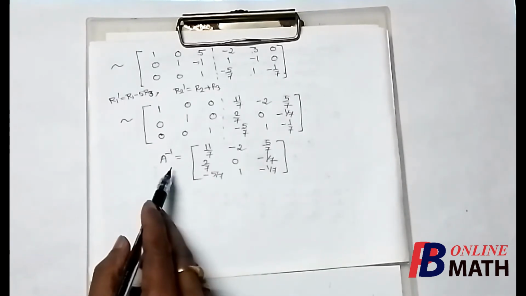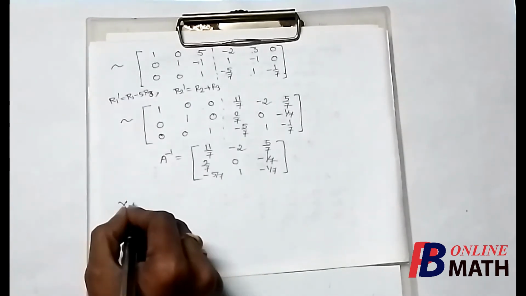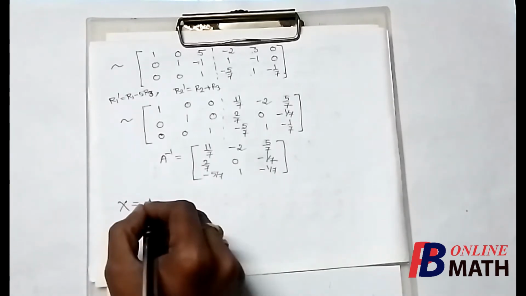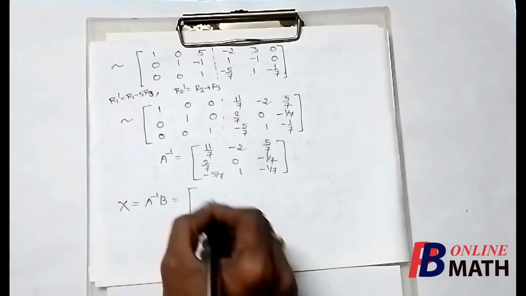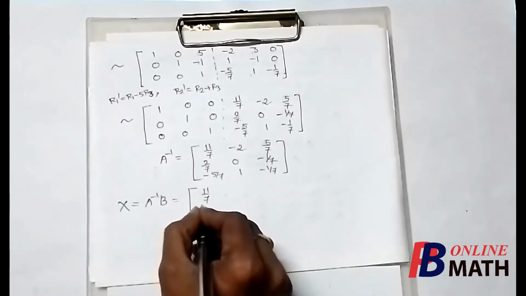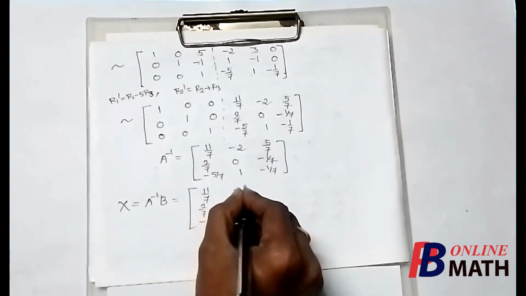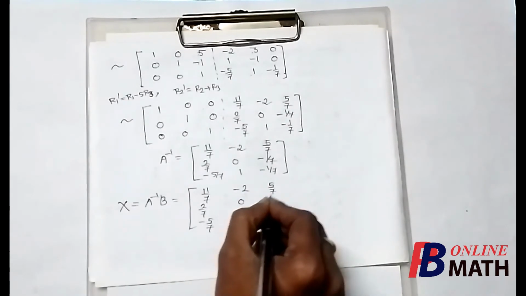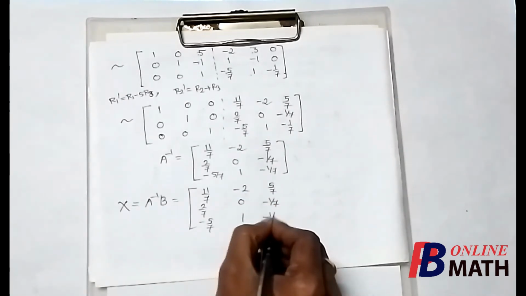Now if A inverse matrix is obtained, then we can easily get the values of x, the unknown values. These are A inverse b. So this is the A inverse, 11 by 7, 2 by 7, minus 5 by 7, minus 2, 0, 1, 5 by 7, minus 1 by 7, minus 1 by 7.